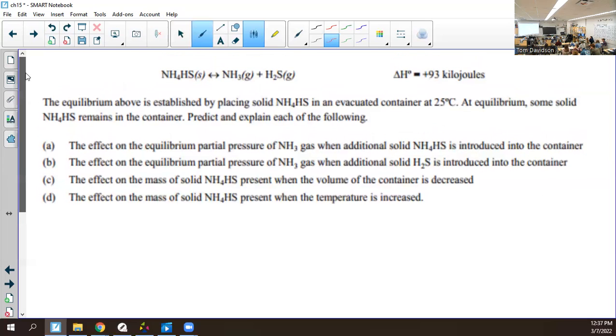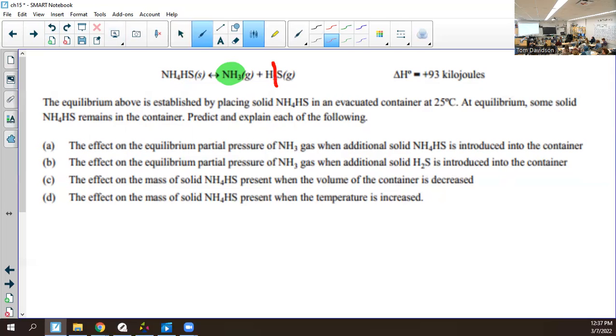So here we go. The effect of NH3, so we want to know what happens to this when more of this is added. So what happens to the NH3 when I add more of this? It goes up. Are you okay with that? Okay. So I'm going to get rid of that. It's still asking you about NH3, which is green here, when H2S is introduced.